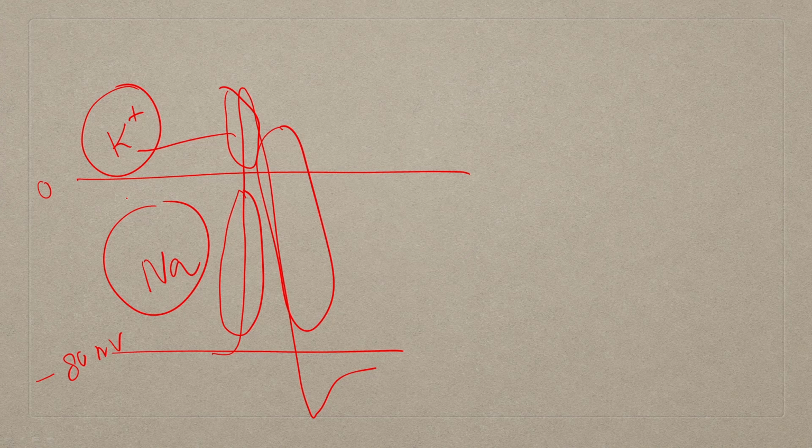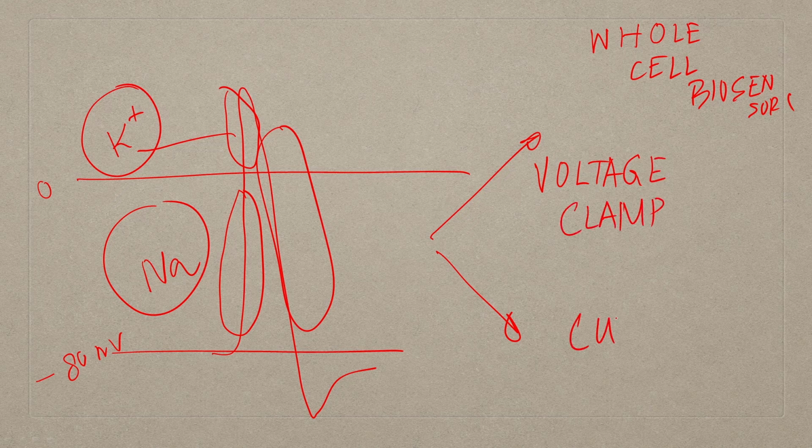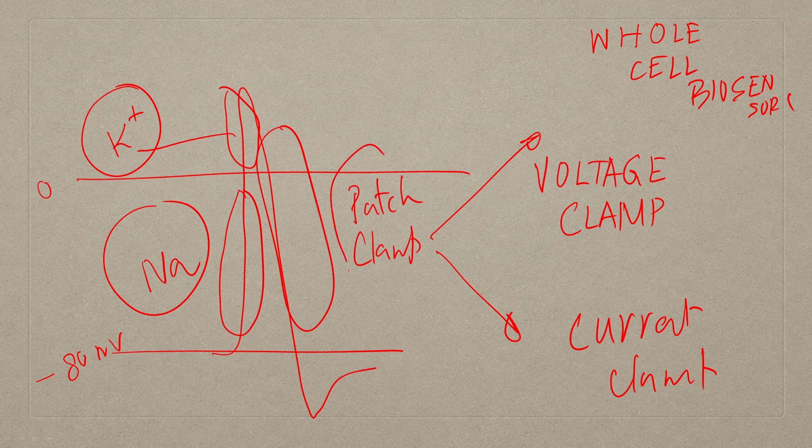Now, that brings us to 2 different words of whole cell biosensors. One is voltage clamp, the other one is current clamp. And the technique which falls under this is called patch clamp or even intracellular recordings. What is voltage clamp?